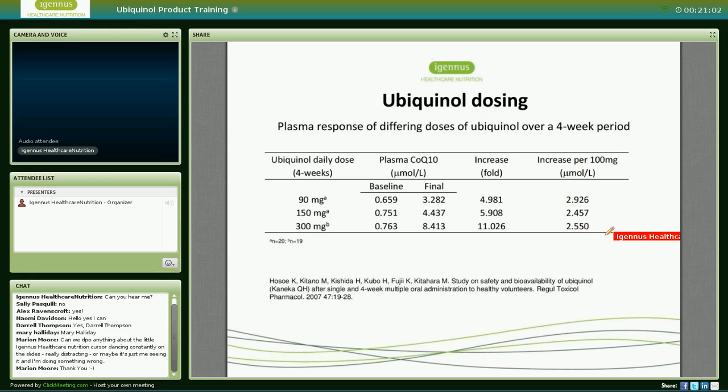Basically, what this means is that having a 300 milligram capsule over a 90 milligram isn't actually going to be that much better for you in regards to the financial outlay, because you're not actually getting more for your money. You'd be better to take 3 lots of 90 milligrams over a period of a day rather than try to get much higher levels just using a 300 milligram supplement.